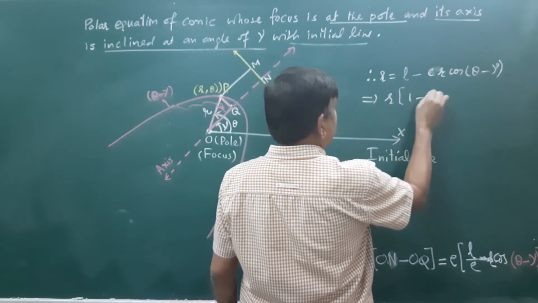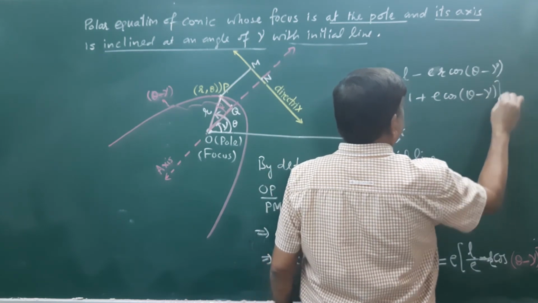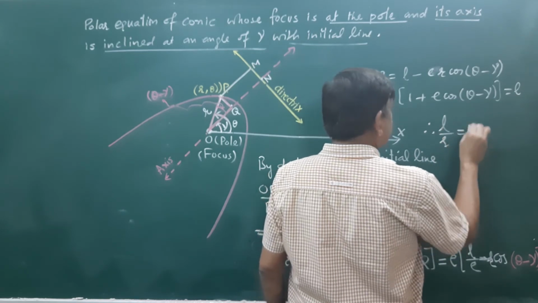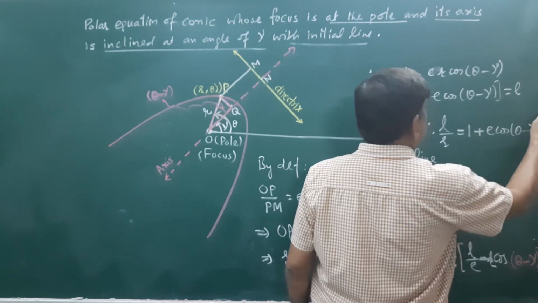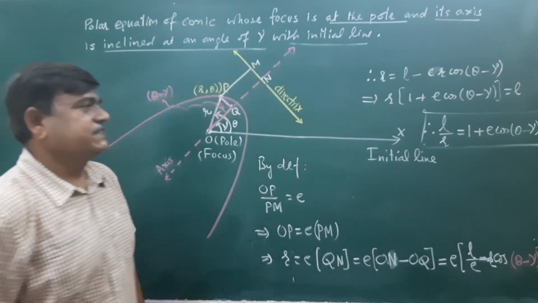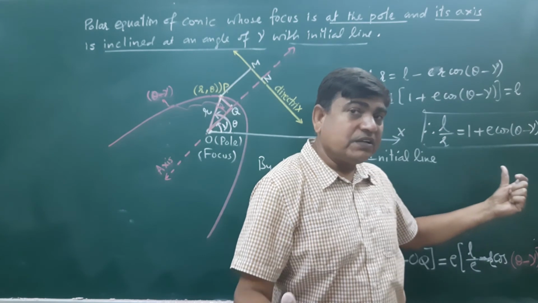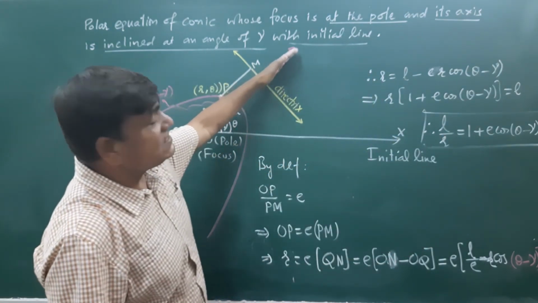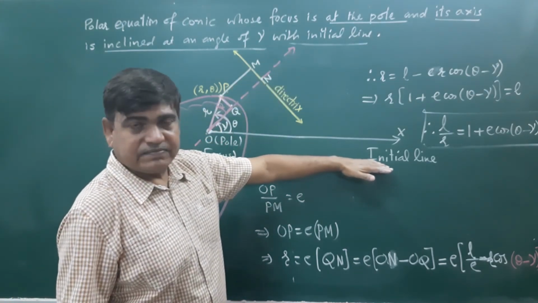Taking R common, 1 plus E cos theta minus gamma. Therefore, L upon R equals 1 plus E cos theta minus gamma. So this is the required equation of the conic whose focus is at the pole, but the axis is inclined at an angle gamma with the initial line.